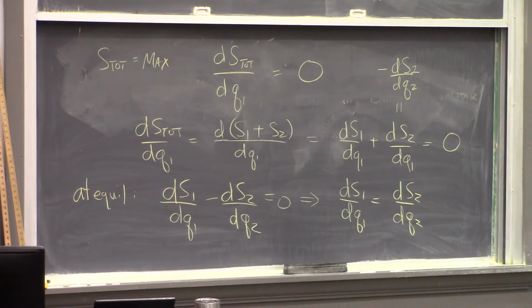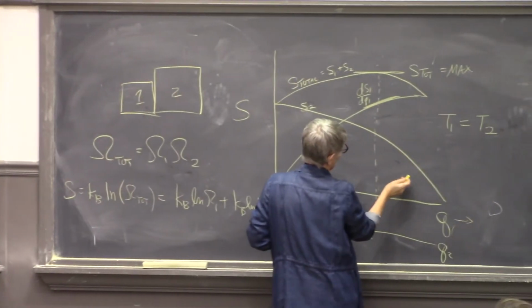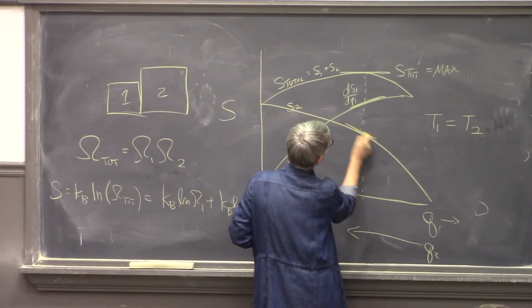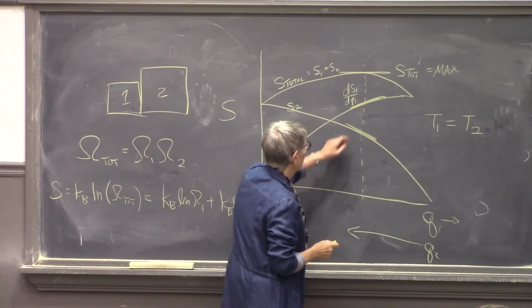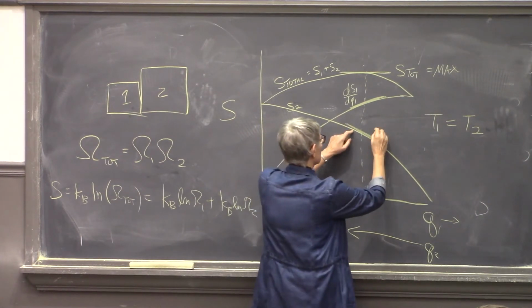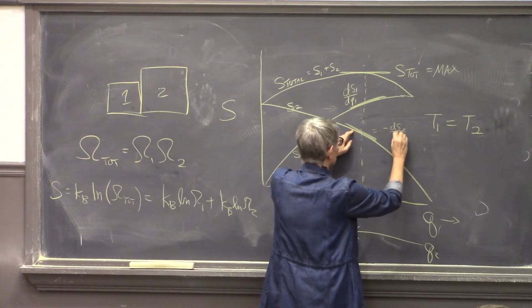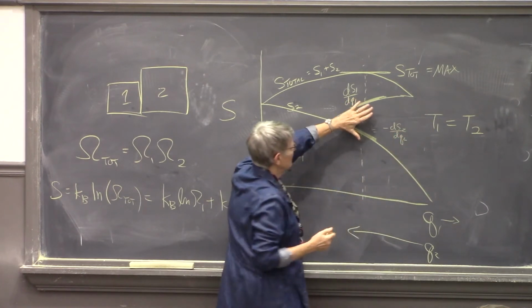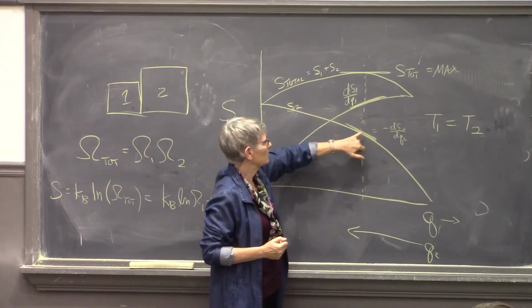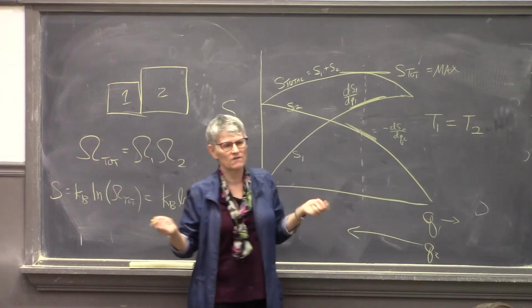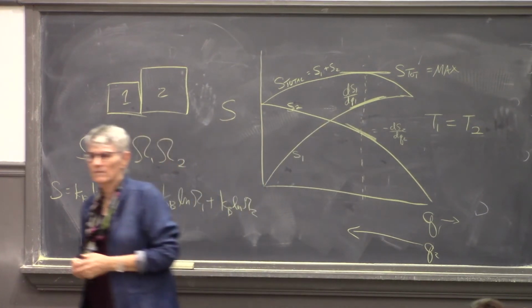We're saying that at this point, this slope, or the negative of this slope, this slope is minus. So if we express these slopes as both positive, they have to be equal.